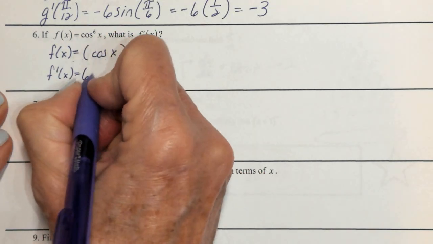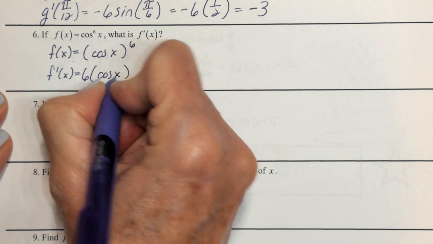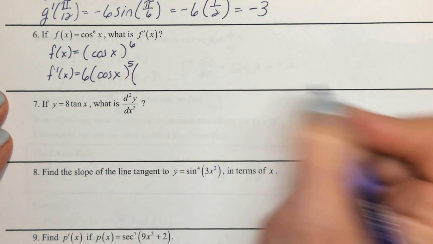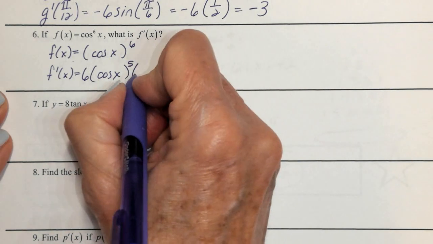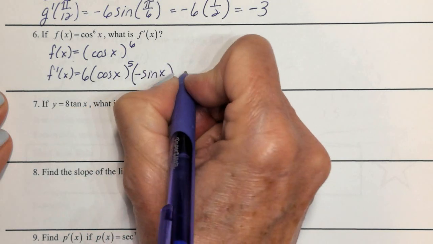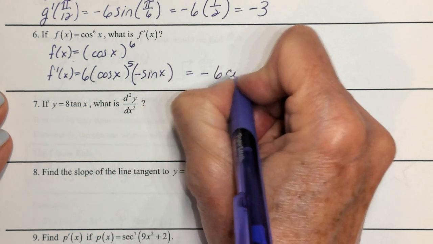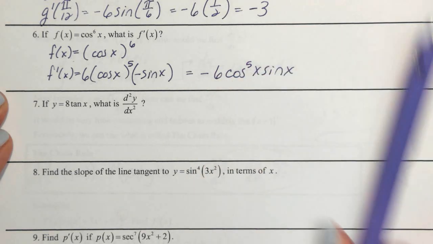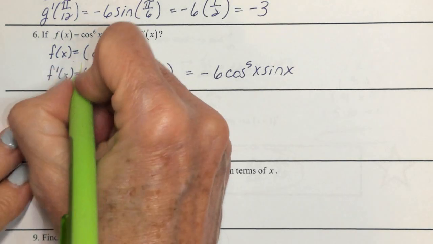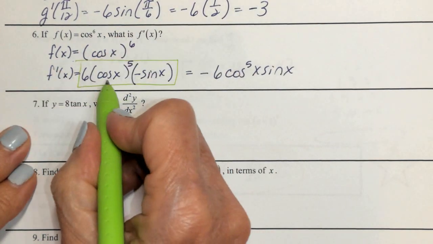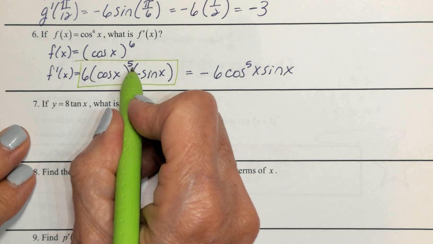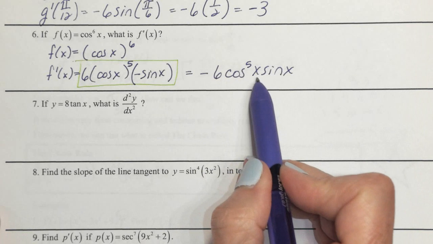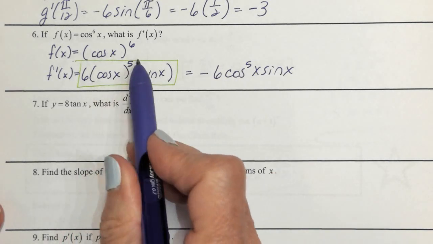So 6 comes down, I leave the cosine x, I reduce the power by 1, and now I multiply by the derivative of the cosine x, negative sine x. Multiple choice answer, they would write this as that. But this would be a safe stop spot right here. Yes, you can leave this 5 outside of that cosine because it's exactly what it means. Cosine to the 5th of x is the same as cosine of x all to the 5th.